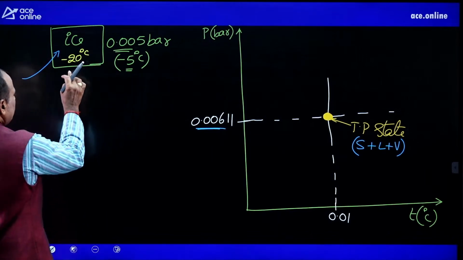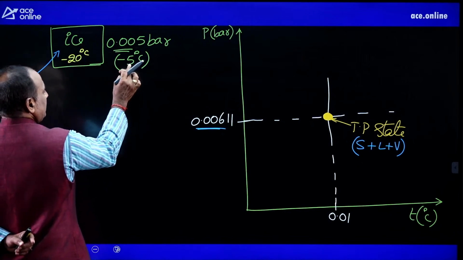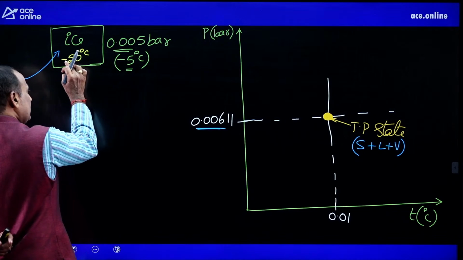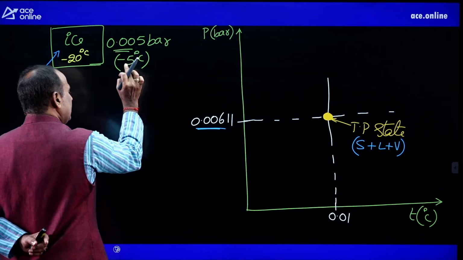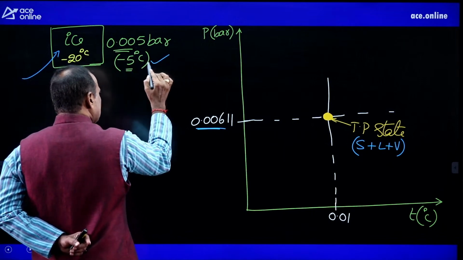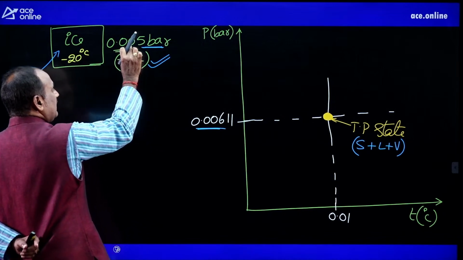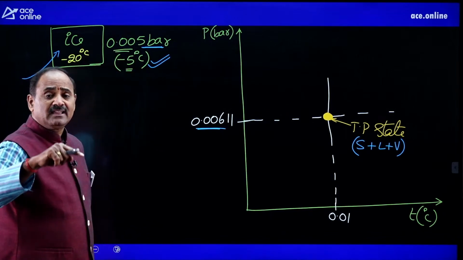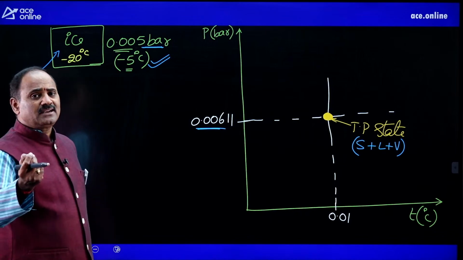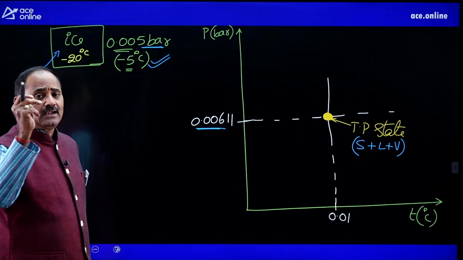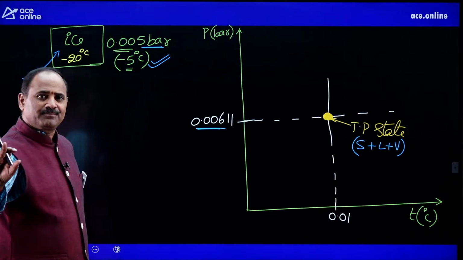The temperature of the ice increases from minus 20 to minus 5 degrees centigrade, which is the saturation temperature corresponding to this pressure. At that temperature and pressure, the ice directly becomes vapor without the intermediate liquid state. That direct phase change from solid to vapor is called sublimation.